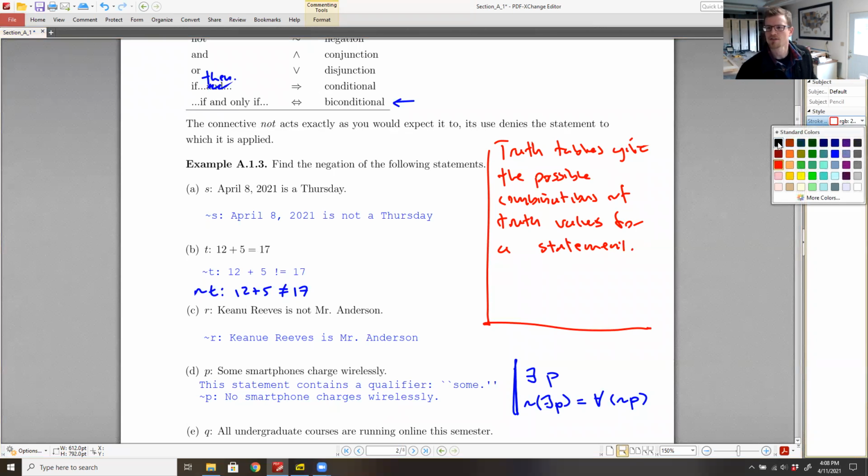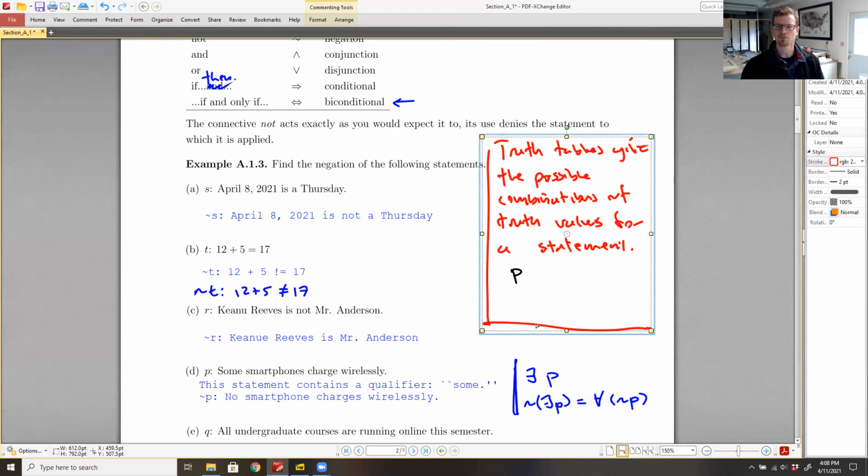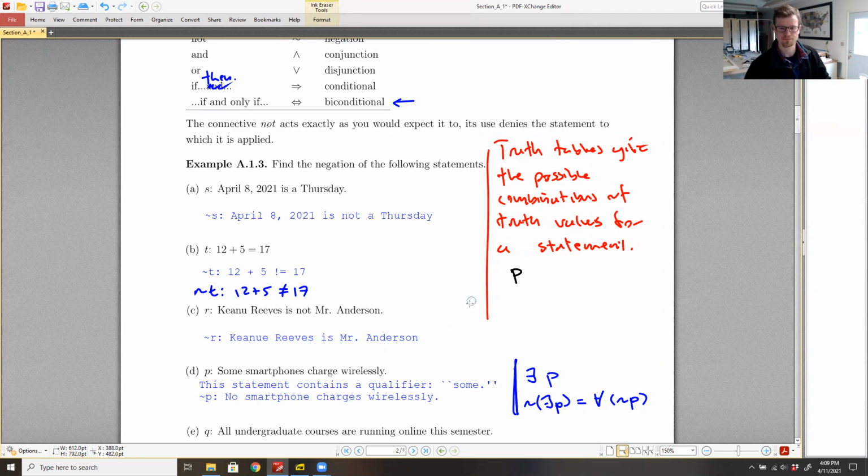Now, in the case of the statements that we're looking at here, if we choose one particular statement, P, the only possible values for P are that it's true or false, right? We're taking a look at the truth values here. So for a statement P, it can either be true or it can be false.